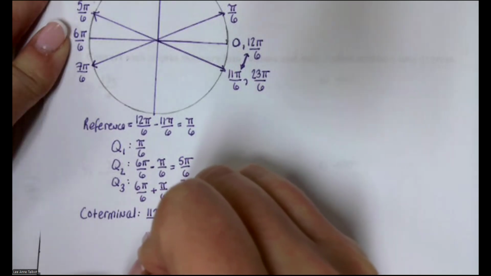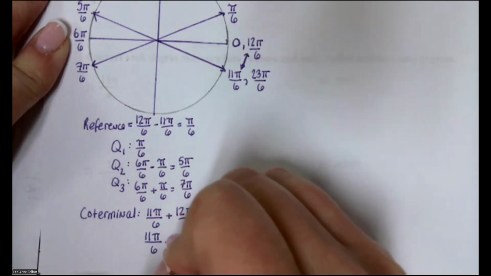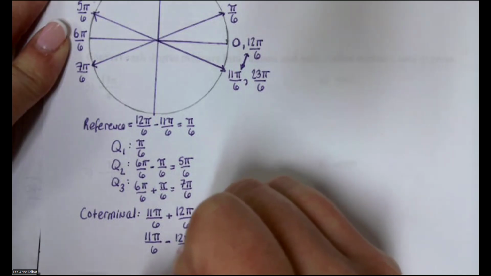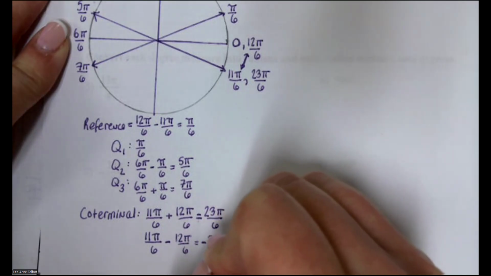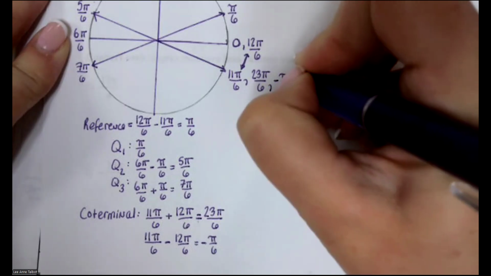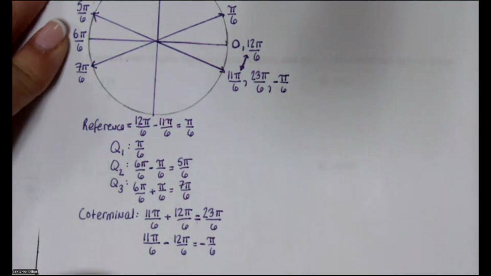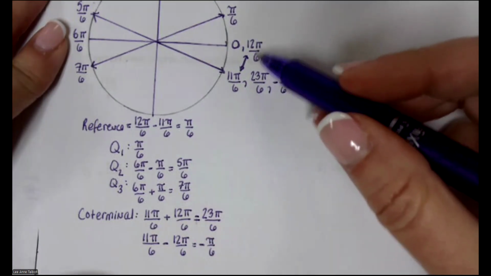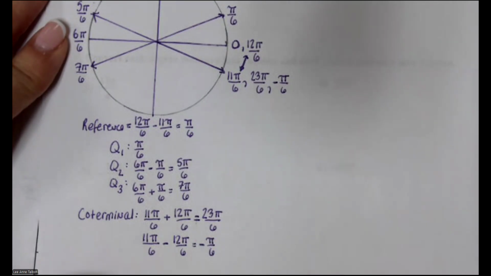And then minus 360, and that should make sense if you think about it, going backwards, pi over 6.